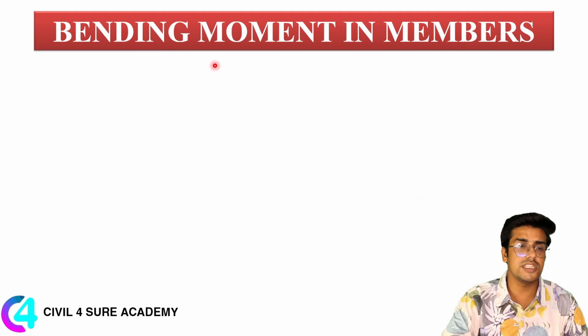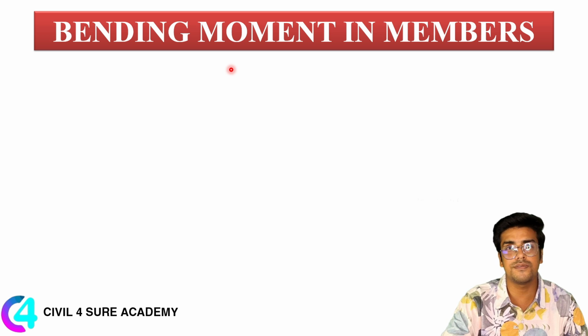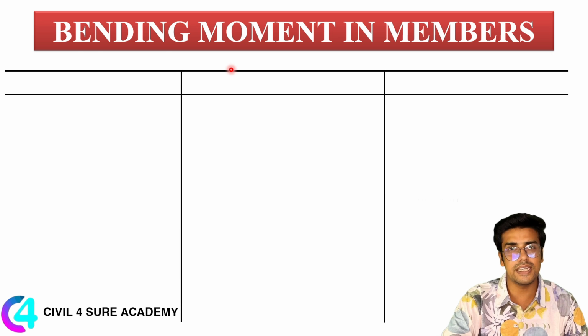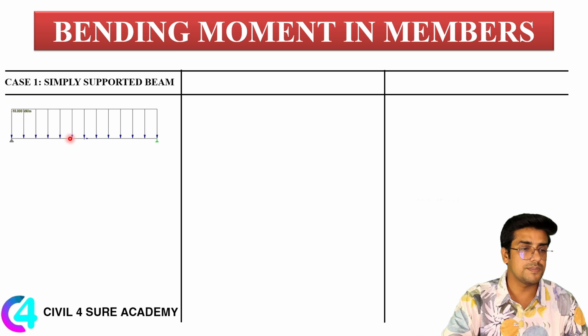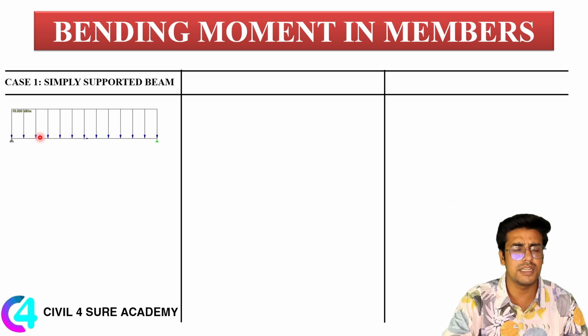First, we are going to see about the bending moment in the members. Let's understand the concept of bending moment and why it is important for finalizing the position of reinforcement, or you can say the steel. We are going to see three cases here. The first case is a simply supported beam with a uniformly distributed load of, say, 10 kilonewton per meter.